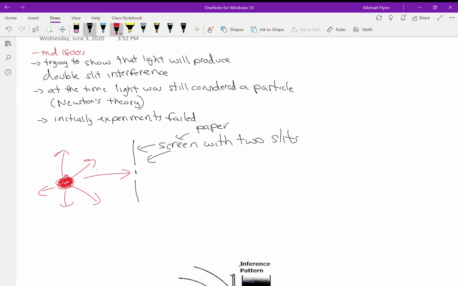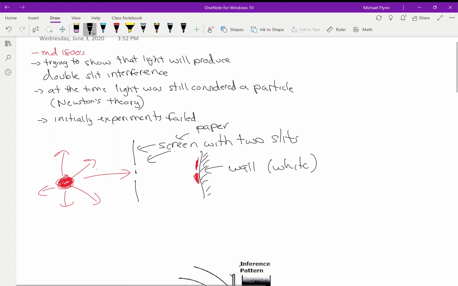We can't see the light in transit. Here you will have your wall, usually white, so you can see all the light that's hitting it. So here's your wall back here. As the light hits the wall, you would see a fuzzy dot here and a fuzzy dot there, and that's all you would see.